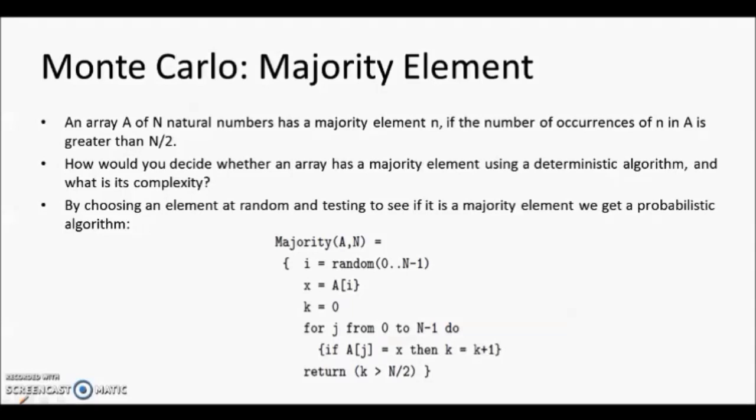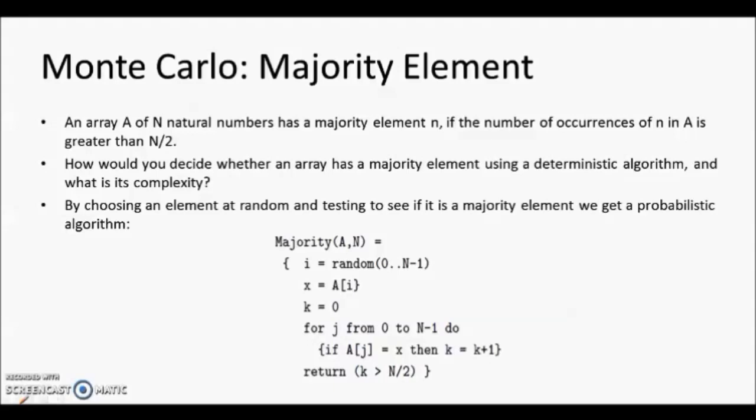Here, random(0 to n minus 1) is a uniform random selection of integers between 0 and n minus 1. Notice that this algorithm returns true exactly when it has selected a majority element, but that it may return false even if there is a majority element.